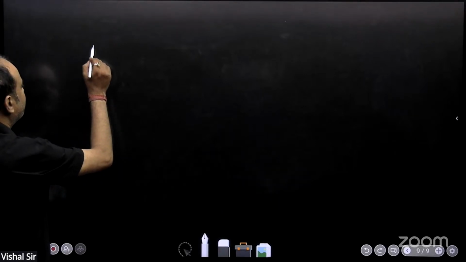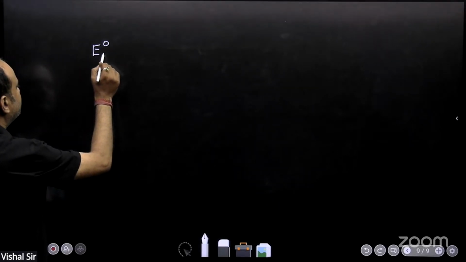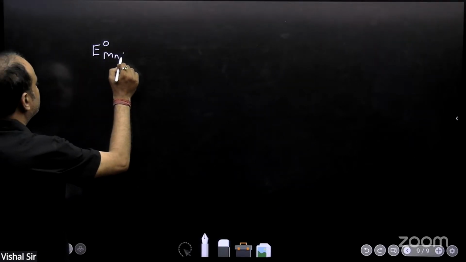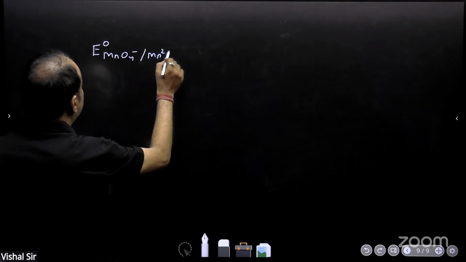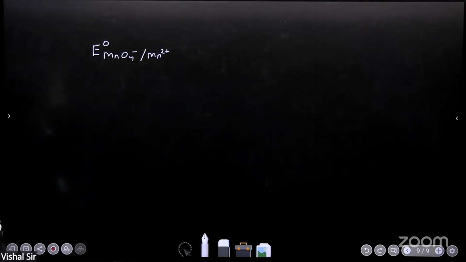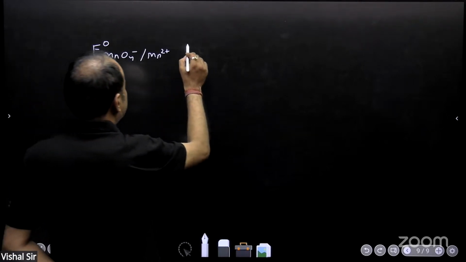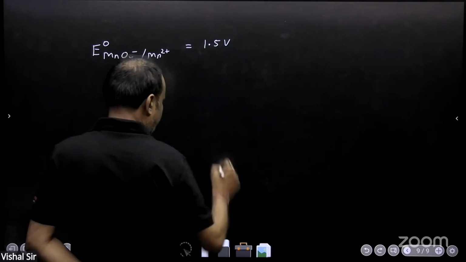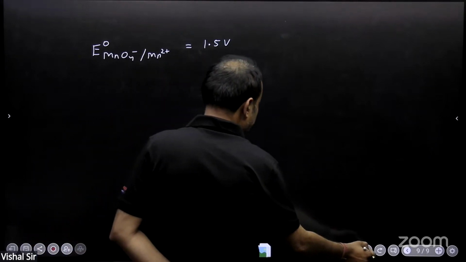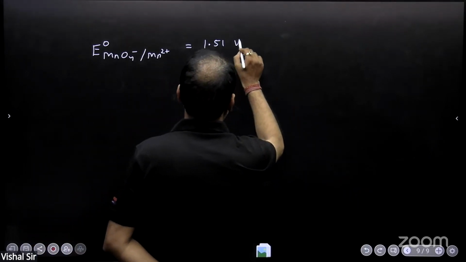that we are given E naught of MnO4 minus Mn2 plus. This E naught, let's say, is given to me as 1.51 volt. Okay.